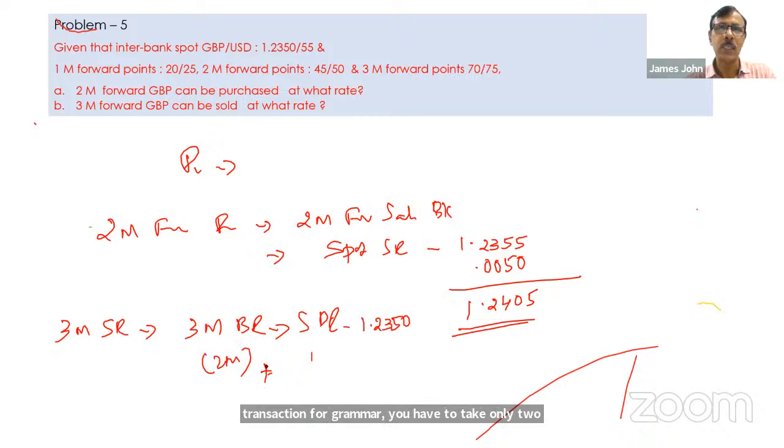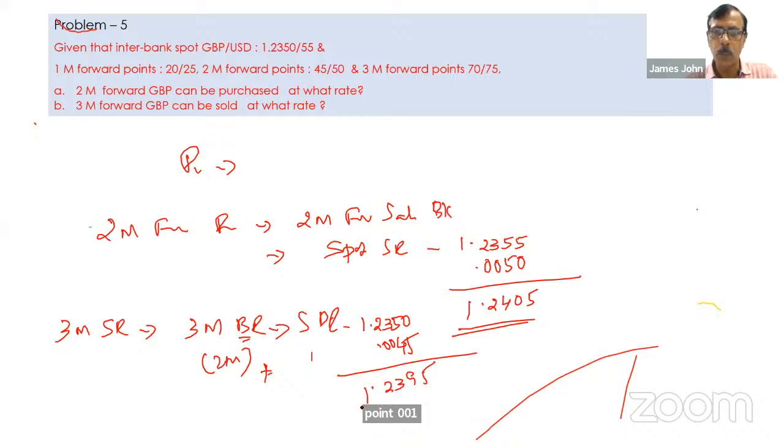The 2-month buying points is 0.0045. You add 1.2350 and 0.0045, and you get 1.2395. Sir, only for the buying rate we are taking up to the previous one, no?